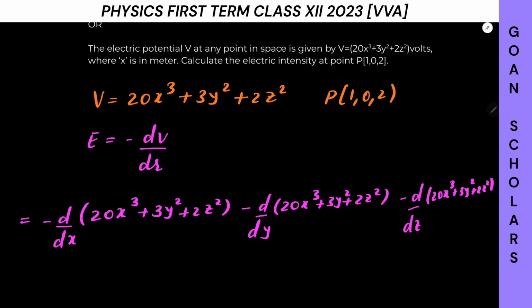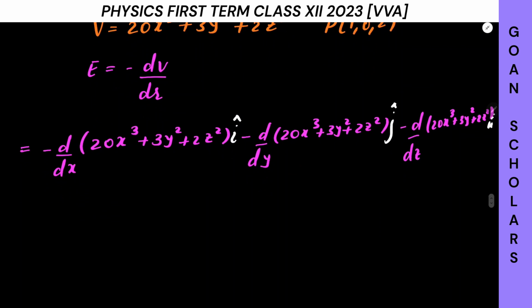Now, electric field is a vector quantity, be very careful, and this is a scalar quantity. Here it will have i cap, this will have j cap, and that will have k cap. So let me differentiate it. Derivative of this will be minus 60x square, right?